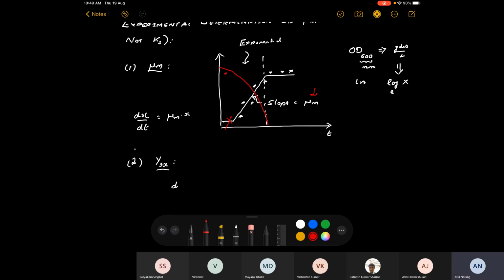And this I am showing here. So at the same time point, I have collected not only the cell density but also the corresponding substrate concentration. So I have in hand x of t and s of t at various times. This is how I am doing my experiment.